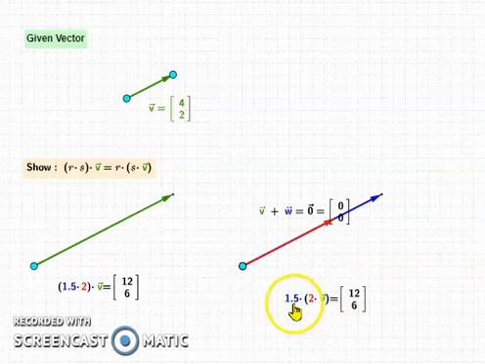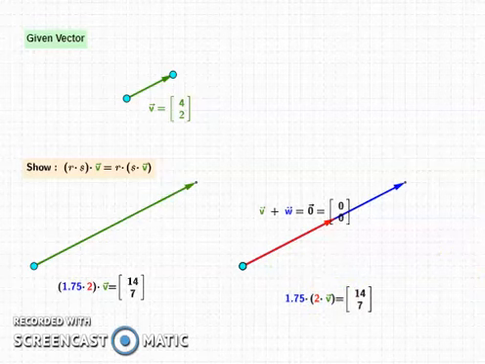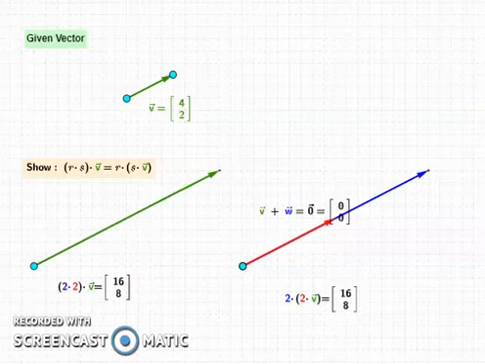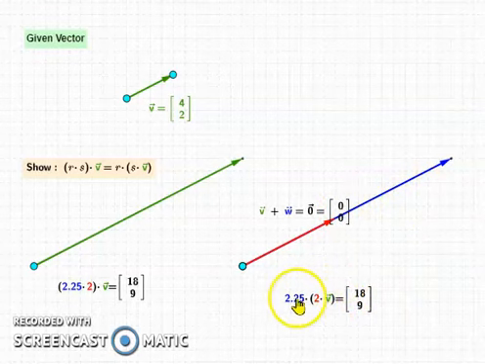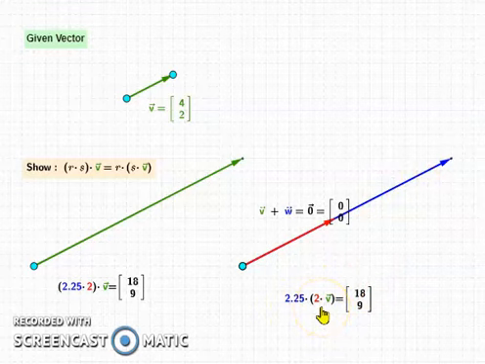Pero kung i-increase mo itong R, let us say, that is 2.25. So, this blue here, that is 2 times V, alright? So this is 2 times V here.